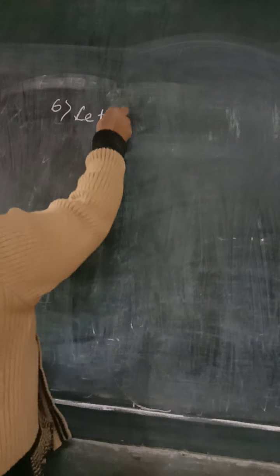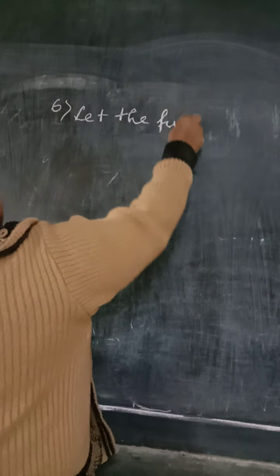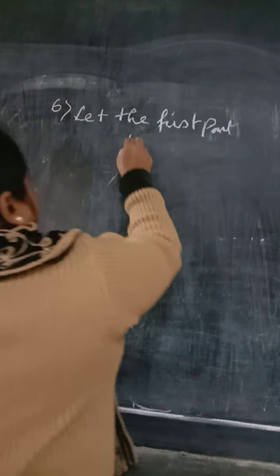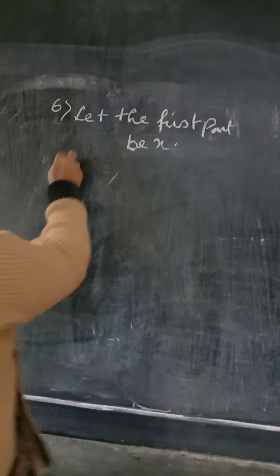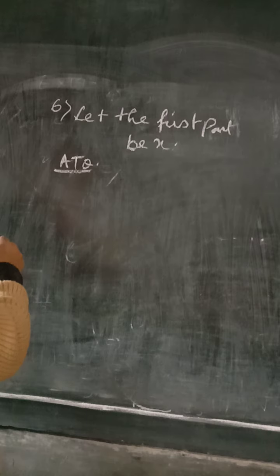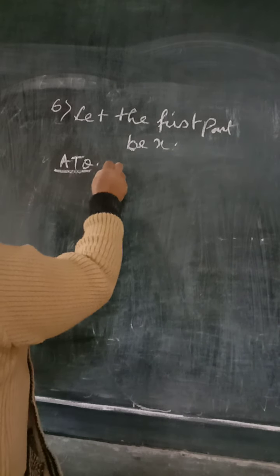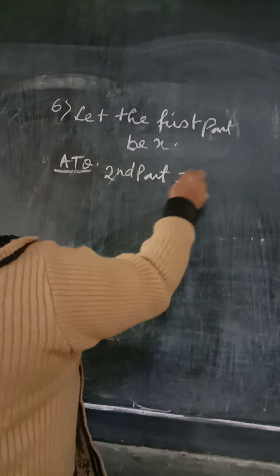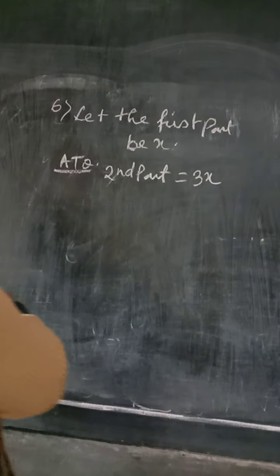Let the first part be x. According to the question, the second part is 3 times x, 3x.